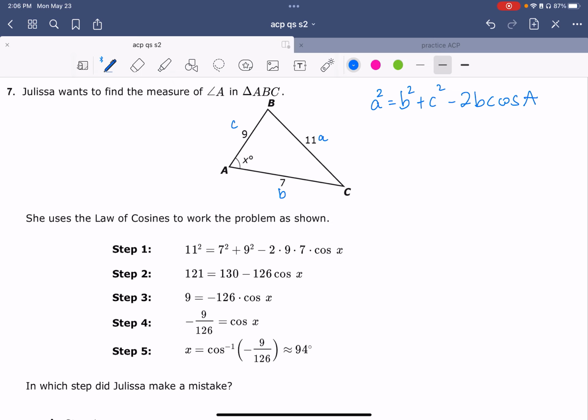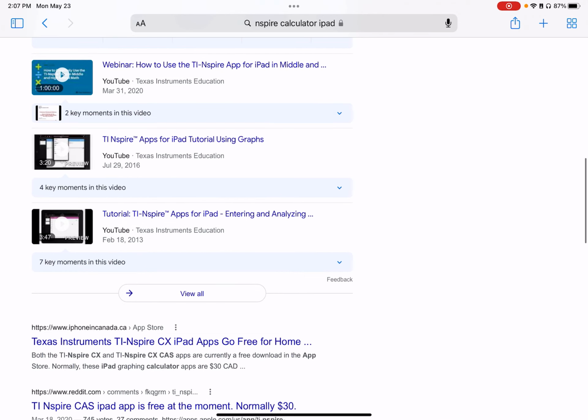So you would do 11 squared, and let's just make sure she plugged everything in right. The first thing she did was 11 squared, so that's A, that's good. B and C, that's 9 and 7 all the way through, so that's all good. 11 squared is 121. Let's check if 7 squared plus 9 squared is 130.